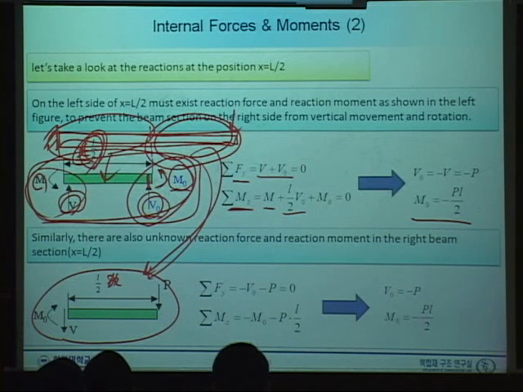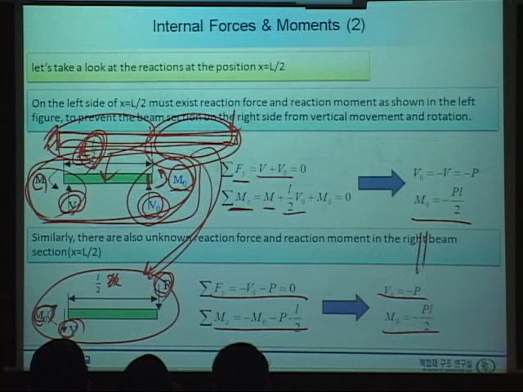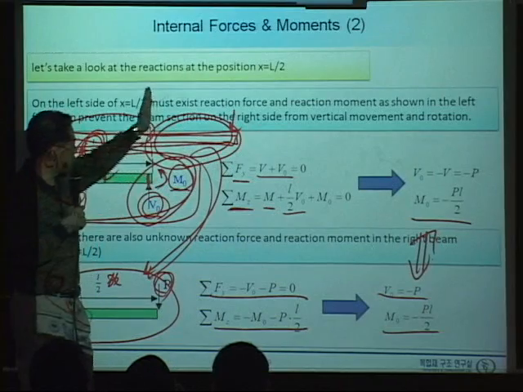So again, this M and V, and the force equilibrium is V and P. And for moment equilibrium, this is the moment here, and this P also causes a moment, and gives us this much internal force. As you can see, this one and this one should be the same. So to calculate the internal force, this is the whole structure, and you just cut it in half.